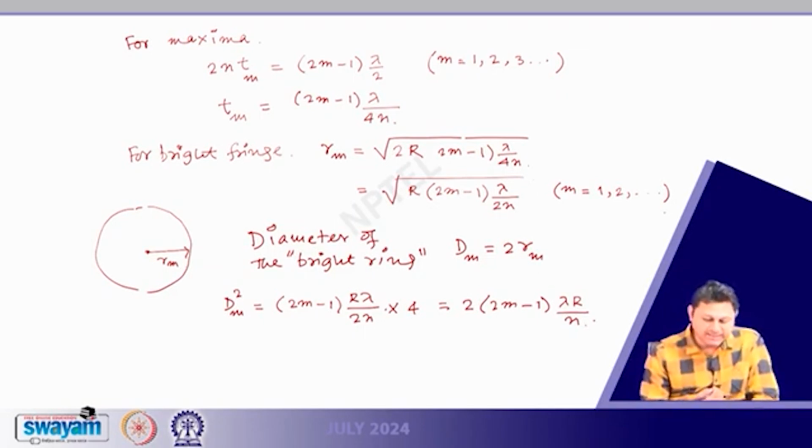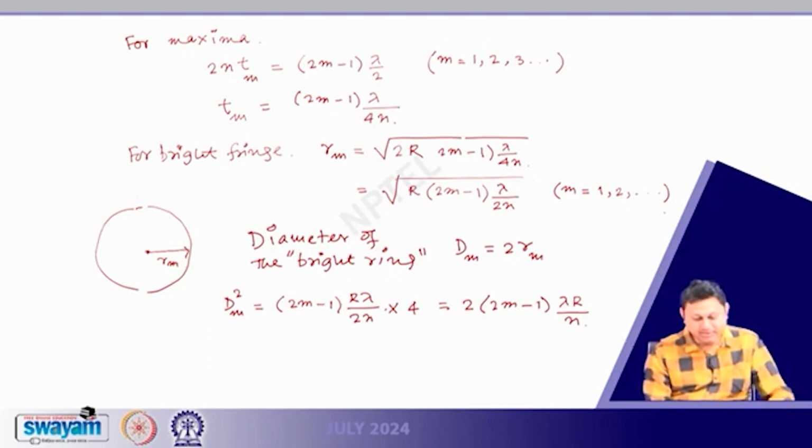So what we are trying to do here is find out the difference of the mth and the m minus 1th order dark ring, because if I manage to get that value, then we can find out how the diameter of the ring is varying throughout the length, and we will see that this value is a function of m.